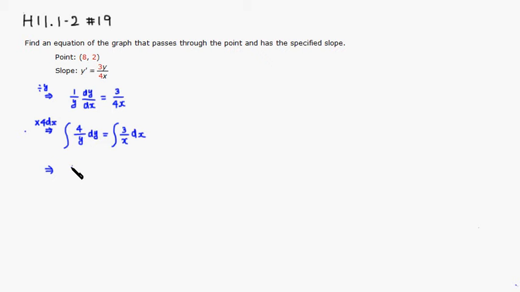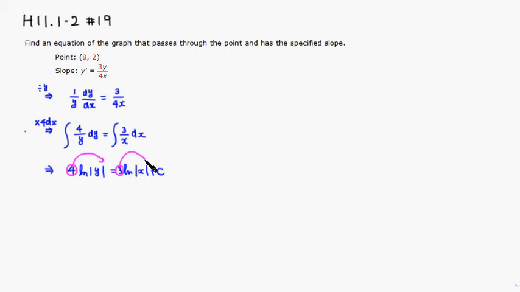4 is just a constant, so the antiderivative of 1 over y is natural log of the absolute value of y, which is equal to natural log of absolute value of x with the 3 in front, plus some constant c. One thing we can do is, since we have 4 here, we can put 4 as a power, and the 3 is the same way.